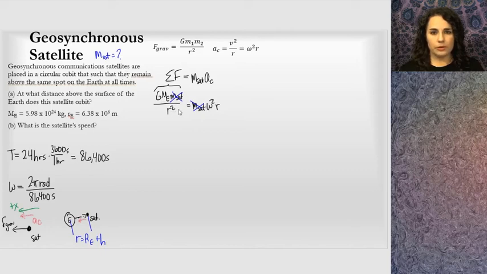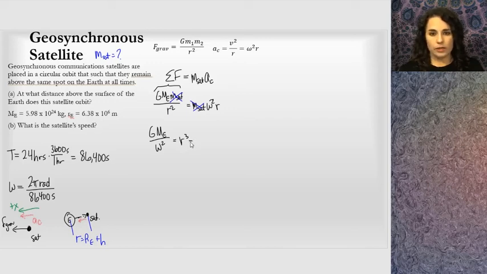Another thing I'm going to note here is that the radius is in here twice, right? R squared here, and there's an r. And that's the term I want to solve for, right? So what I'm going to do is multiply both sides by r squared and divide both sides by omega squared. That'll give me G, mass of the Earth, over omega squared equals r cubed.